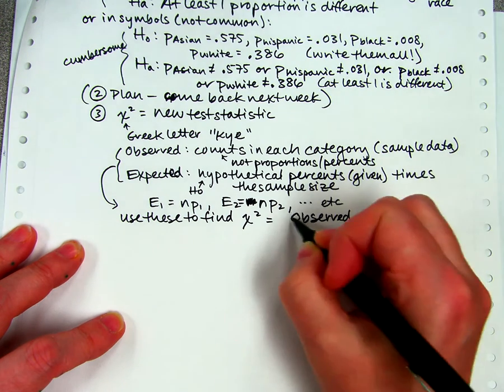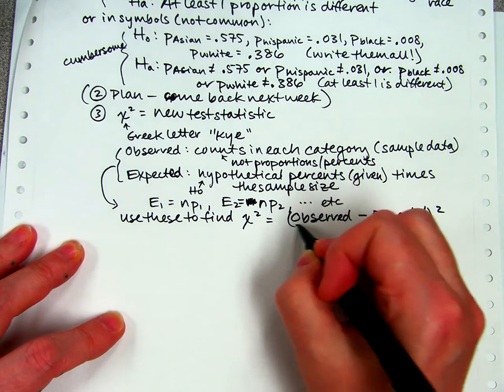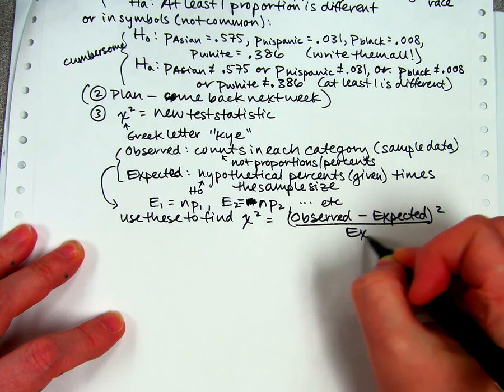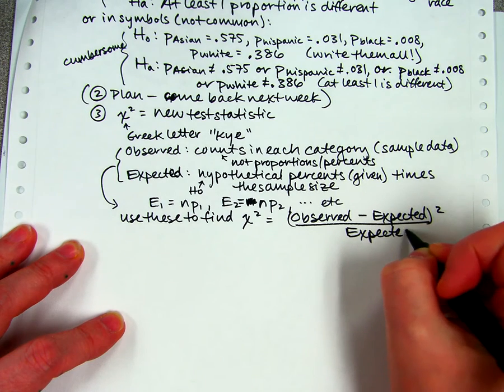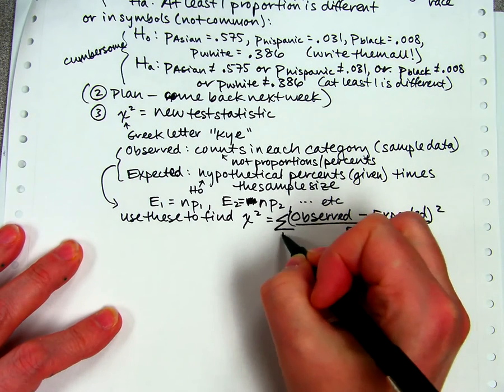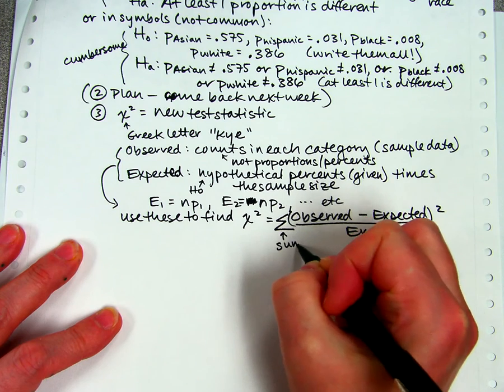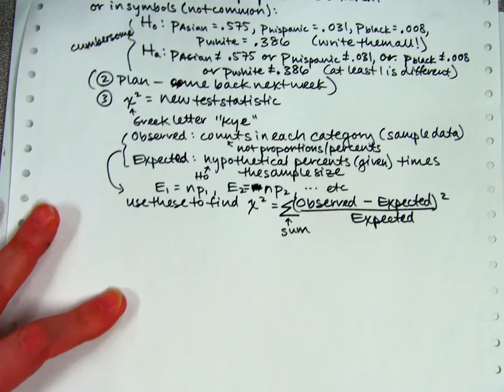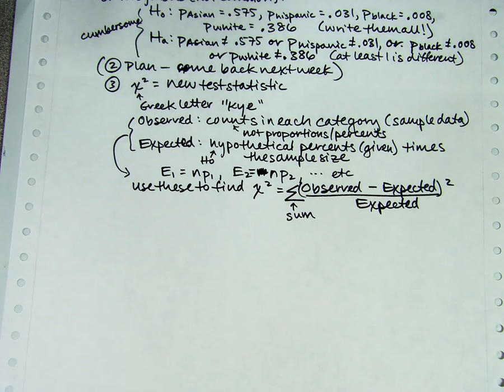You do that for each category, you square it, you divide by the expected counts. The table in the warm-up walked you through all these steps, and I hope it made sense. And then you add them up. This thing means sum. Find the sum of this calculation for all the categories. So you add it all up.